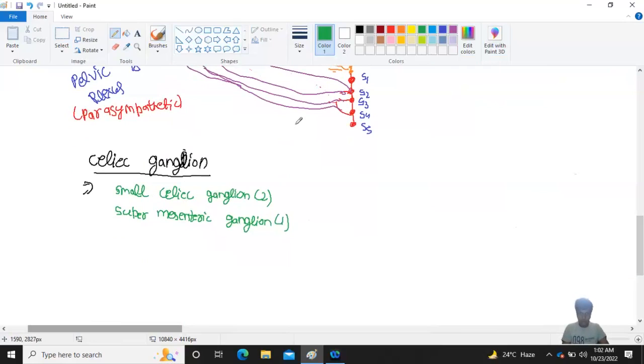And what about the aortic ganglion? The aortic ganglion has the inferior mesenteric ganglion, similar to the superior. If superior is present, then inferior is also present. Inferior mesenteric ganglion.